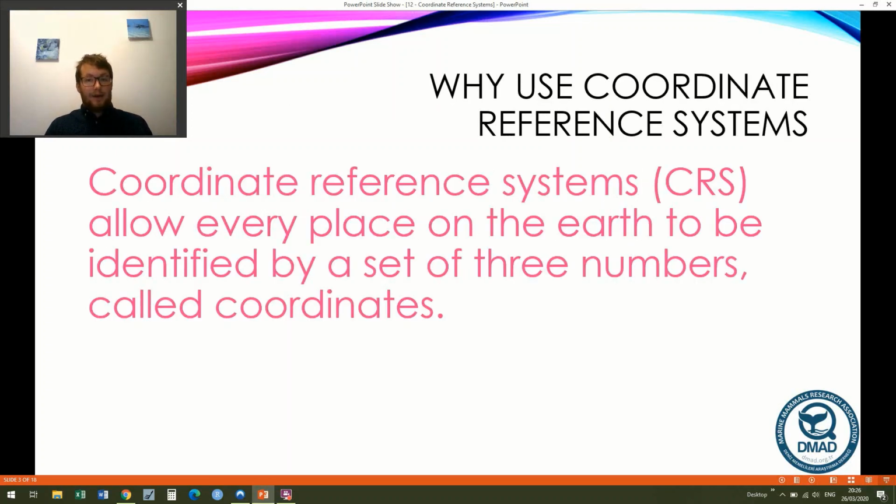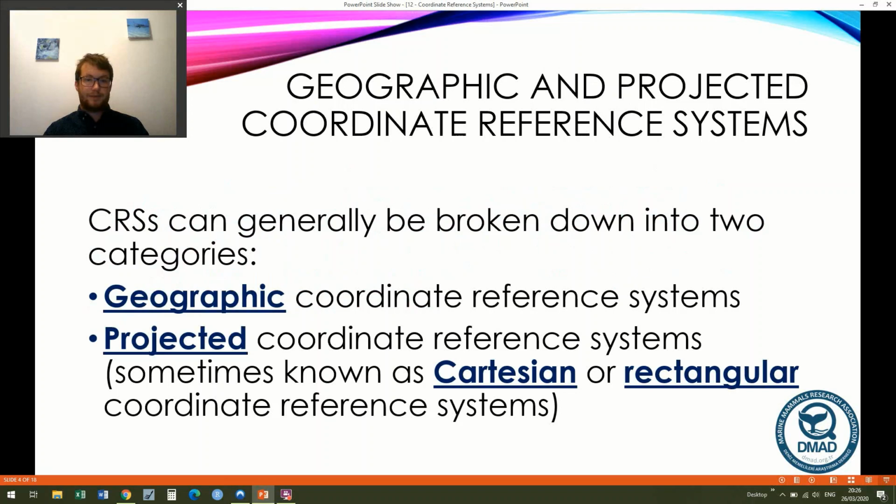So why use coordinate reference systems? Well, coordinate reference systems allow every place on the Earth to be identified by a set of numbers, which are known as coordinates. They can generally be broken down into two categories, which we've already talked about. Geographic coordinate reference systems are based in a 3D world.